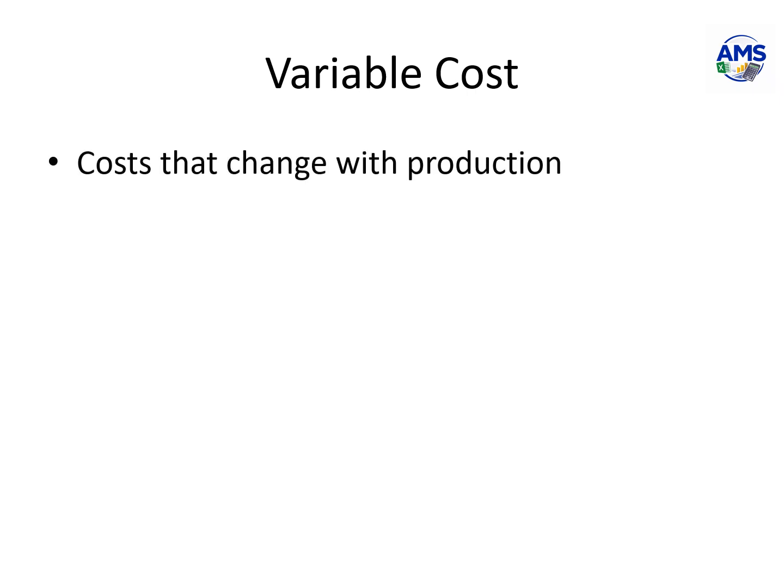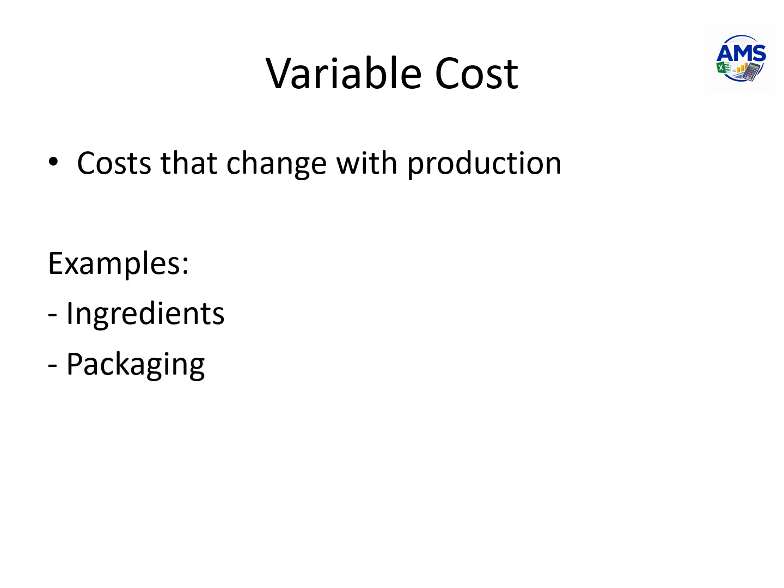Variable costs. Variable cost changes with sales. These costs increase when production increases. Examples include the ingredients bought, the packaging, the fuel.